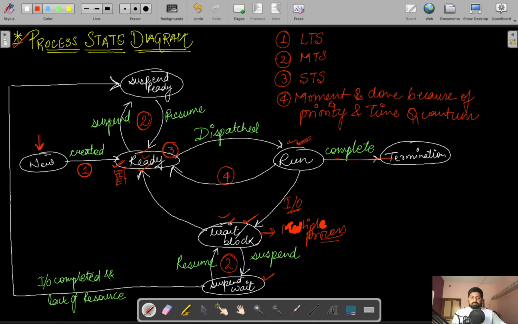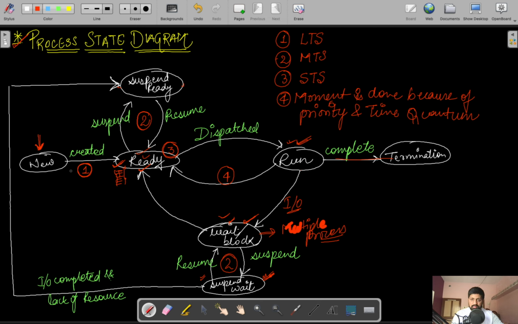After that, when the process is in the suspend wait state and its IO is completed, but the resources are still lacking, it moves to the suspend ready state, and from the suspend ready state it gets back to the ready state when the resources are available.